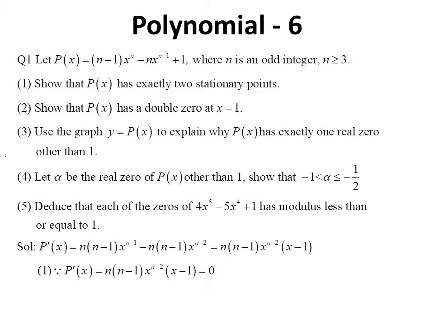After factorizing, we set the derivative function p prime x to 0 and then find the polynomial p(x) has 2 stationary points at x equals 0 and 1.